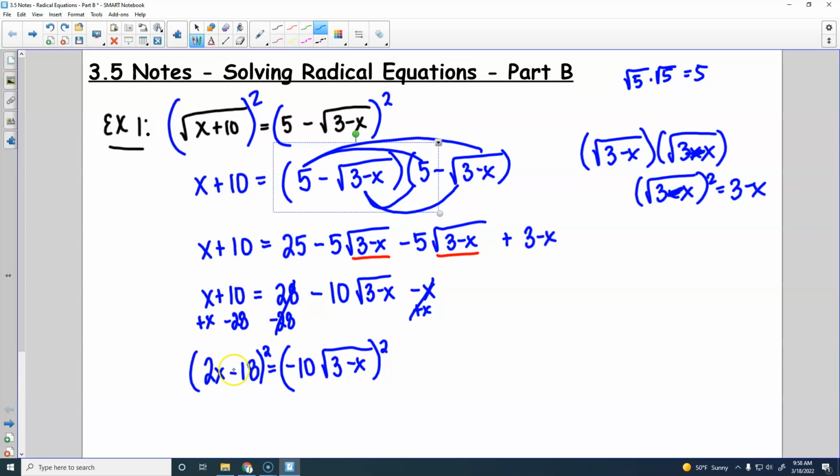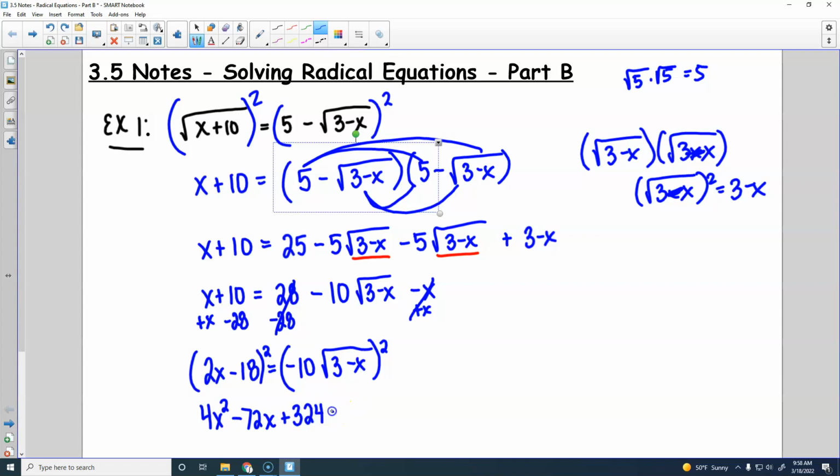So when I square this over here, I've got a double square. 2x squared is going to be 4x squared. Double 2 times 18 is 36. If I double it, I get 72. And then square the last, that's 324.